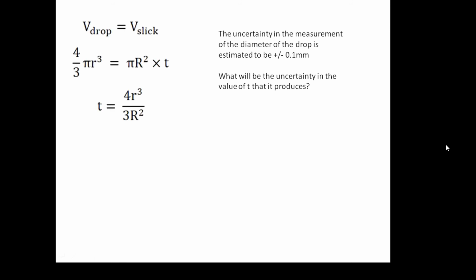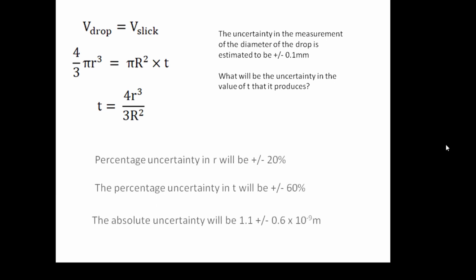Well, looking at this equation I derived before, where t equals 4 little r cubed over 3 big R squared, just considering little r, if the uncertainty is 0.1, then the percentage uncertainty in little r is going to be plus or minus 20%.